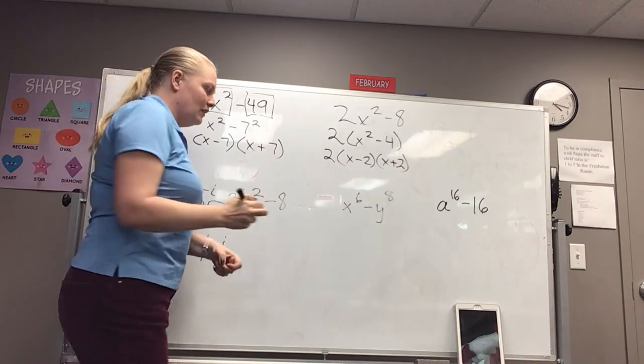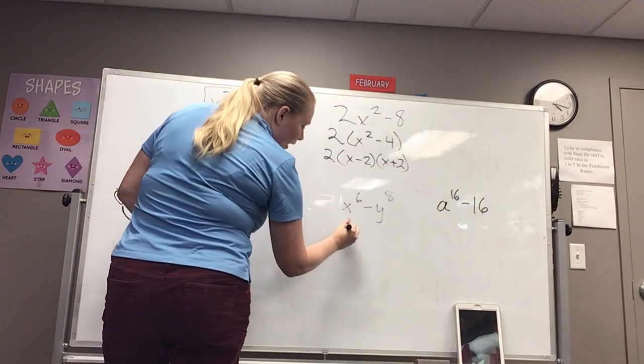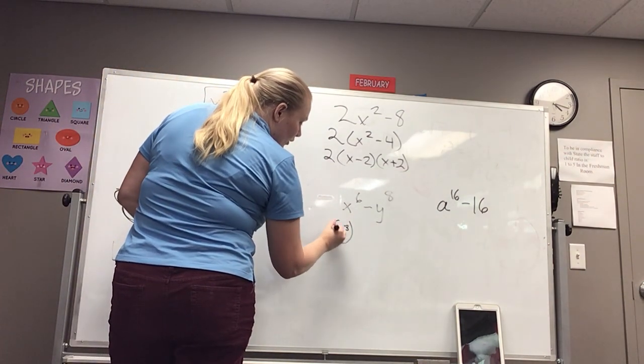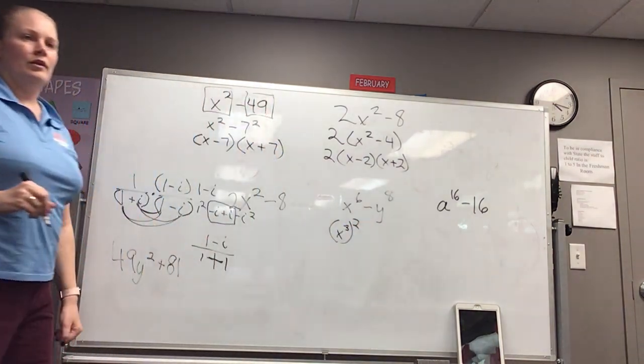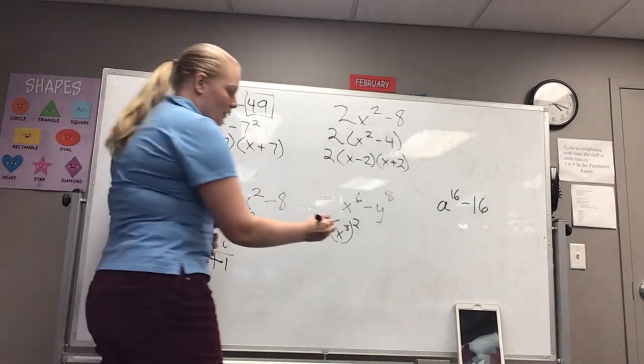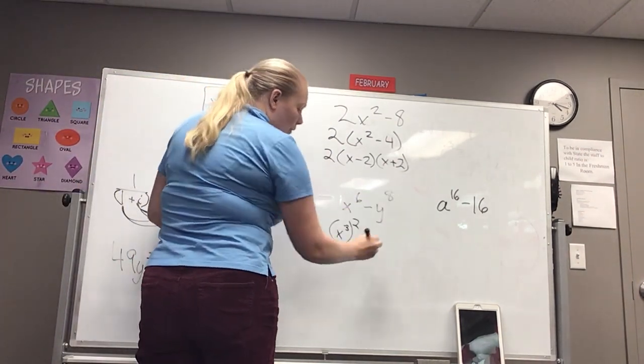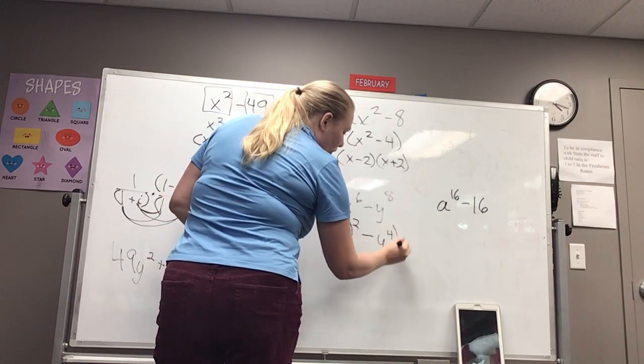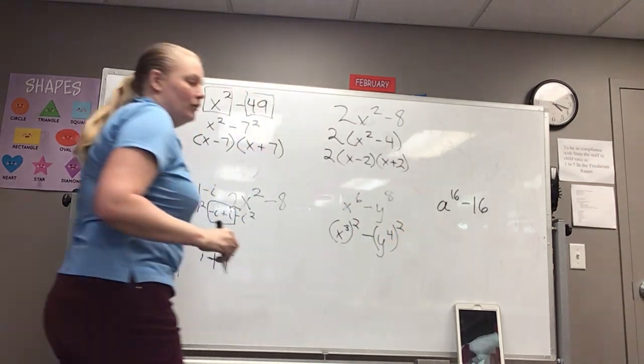This x to the 6th is the same as x to the 3rd squared. You remember those exponent rules, power to a power, we multiply, we can undo that. We can break that number down and turn this into a power to a power. In the same way, y to the 8th is y to the 4th squared.